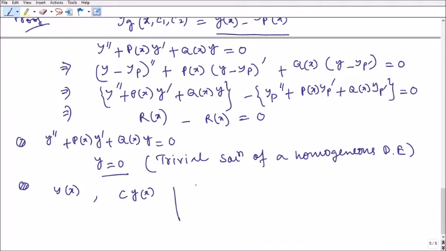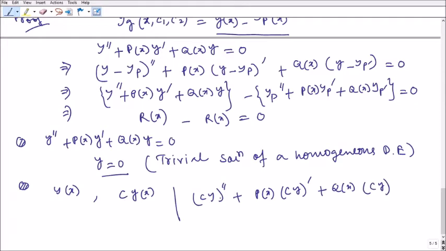Suppose now the solution is c into y. So c into y double dash plus p of x into c y dash plus q of x into c y.